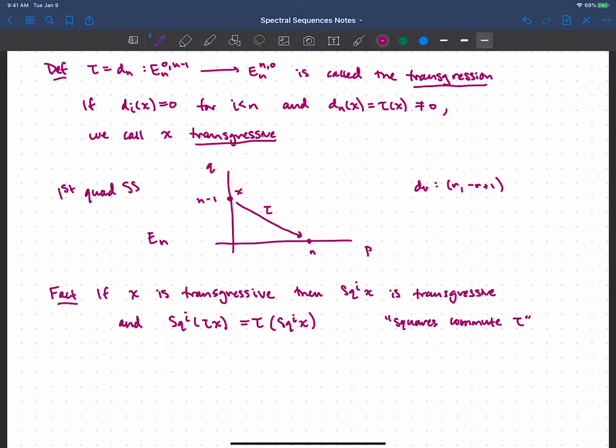So the squares commute with the transgression, but notice that here the transgression might be d_n, but here the transgression is d_(n+i), because Sq^i of x is going to land in degree n plus i. Maybe it's even, I think I might be off by 1.